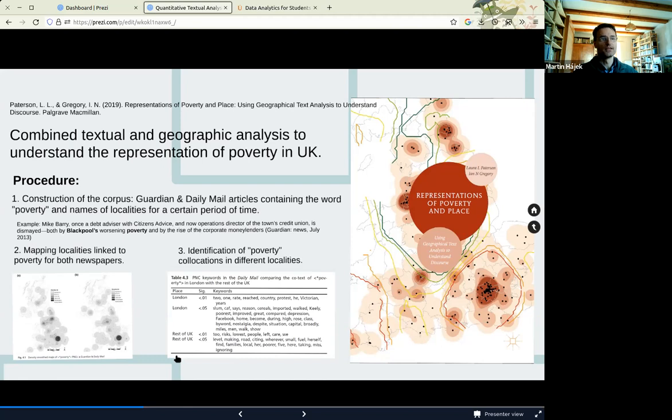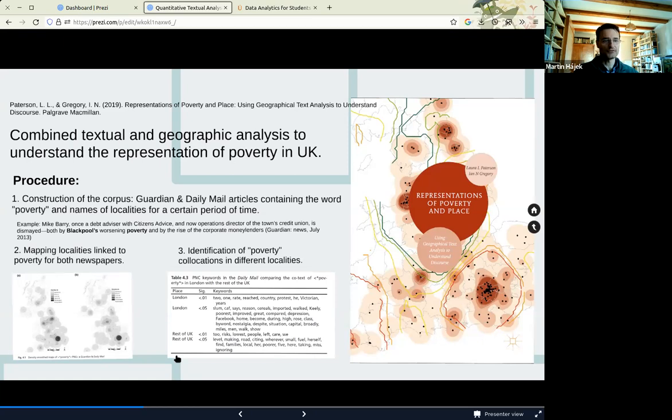So through a combination of textual and geographic analysis, the authors tried to interpret the representation of poverty in the UK, representation in mass media.